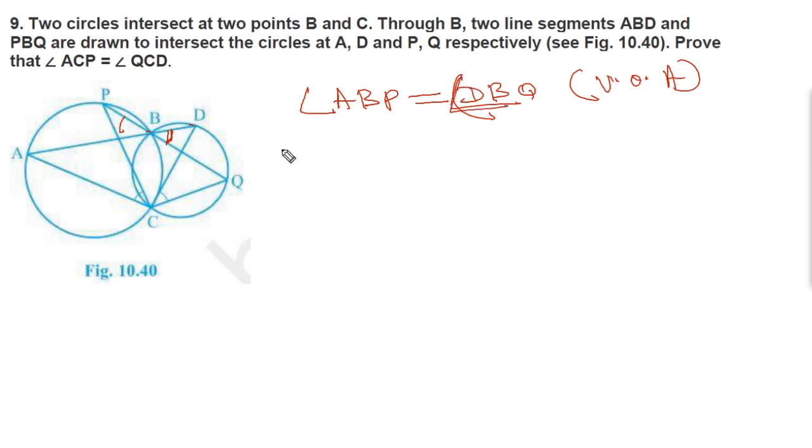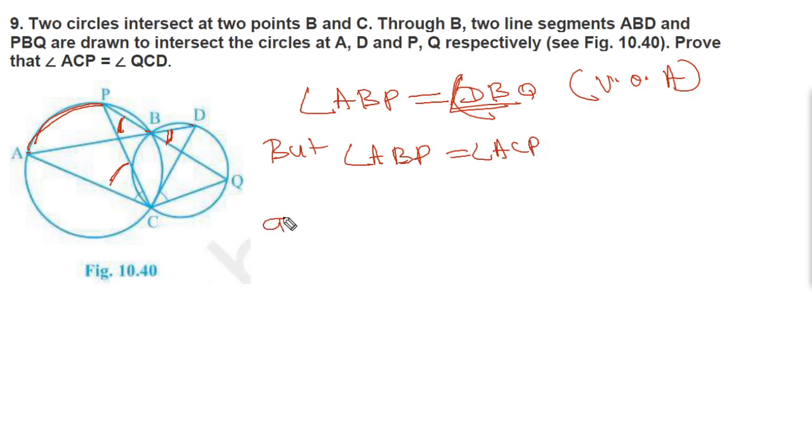Now we have two angles equal, but you see that angle PBA or ABP is equal to angle ACP. Why? Because they are angles subtended by the same arc, isn't it? This arc is subtending this angle ABP and another angle ACP, so angle ABP is equal to angle ACP.